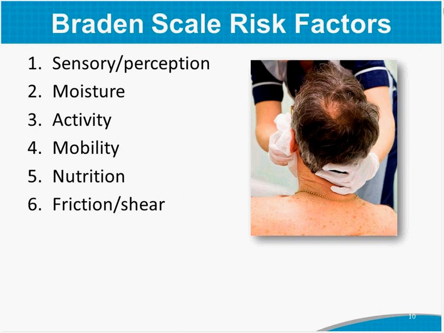It was developed in the 1980s by Dr. Nancy Bergstrom and Dr. Barbara Braden, two nurses. They developed the Braden scale with the following 6 factors, as you see listed here: sensory perception, moisture, activity, mobility, nutrition, and friction and shear.